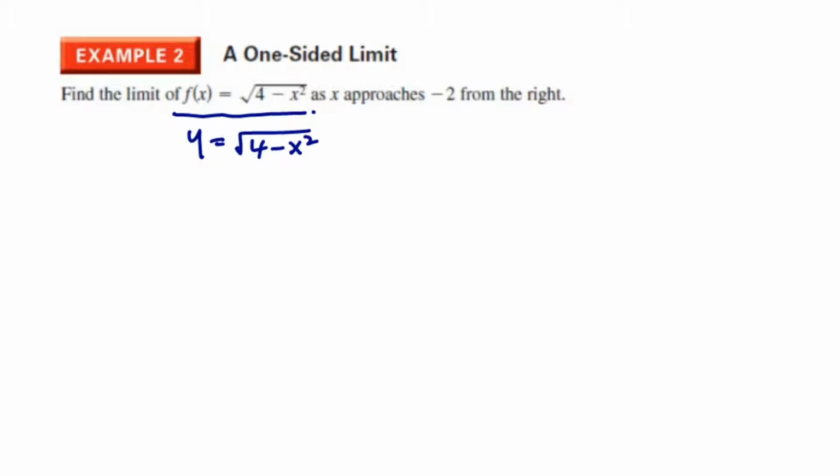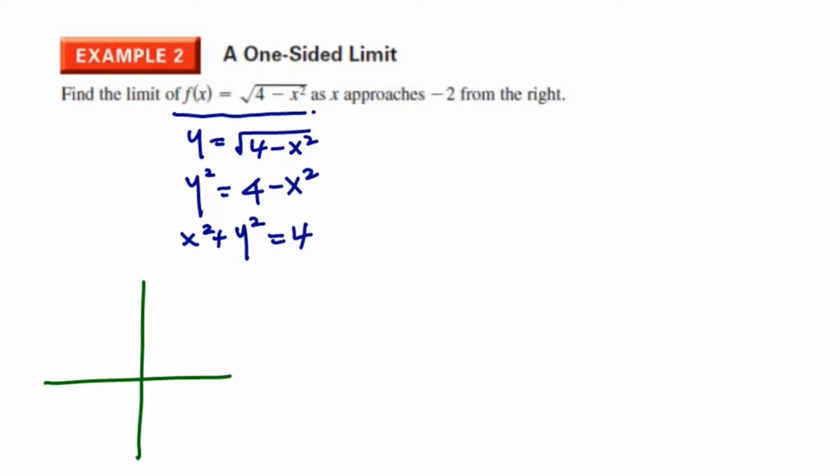If I square both sides, then I have x squared plus y squared equals 4. So what I have is a circle, but I only have the positive square root, which means I only have positive y. So the graph looks like a semicircle that has the radius of 2.